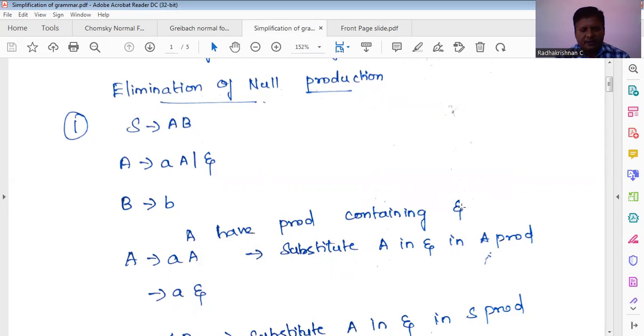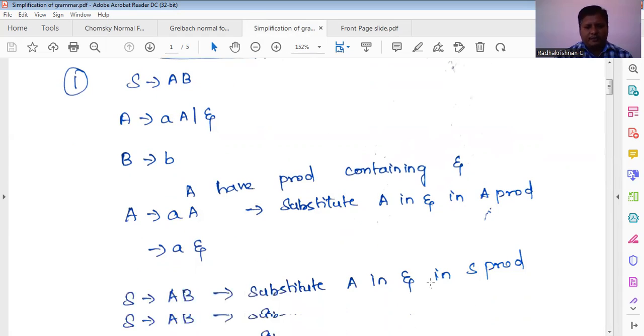Whatever the problem given for simplifying the CFG, first step, write the given grammar. Here consider S gives AB, A gives small a, capital A, another alternative also epsilon, and B gives small b.